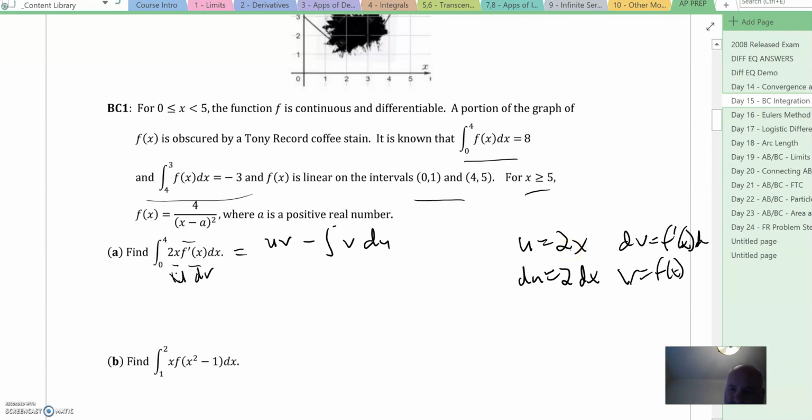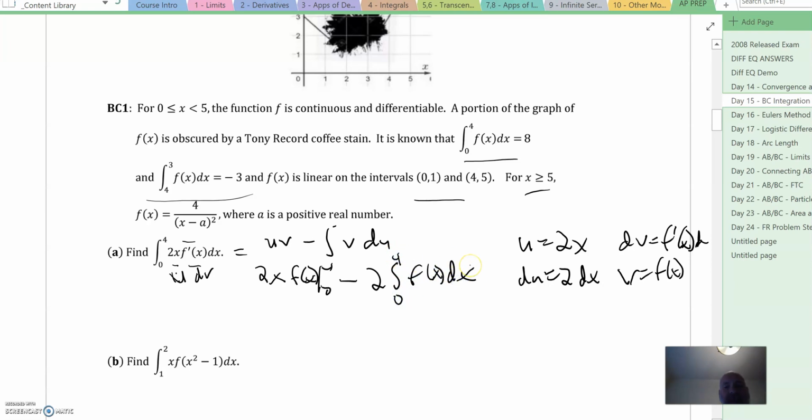So we've got 2x f of x, and remember that that's going to be evaluated from 0 to 4. And then minus the integral of v du, which I'll put the 2 on the outside because I know I'm going to put it there eventually, 0 to 4 of f of x dx.